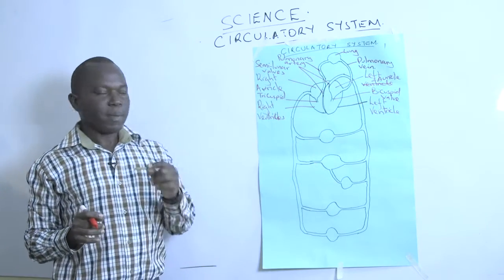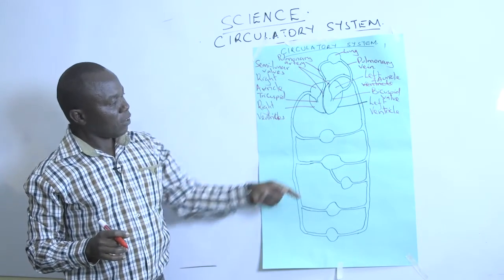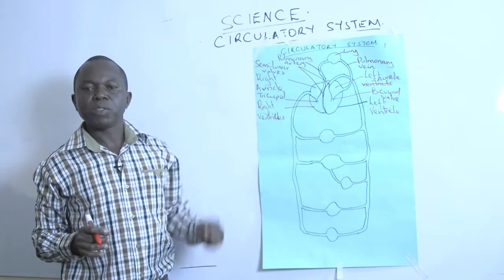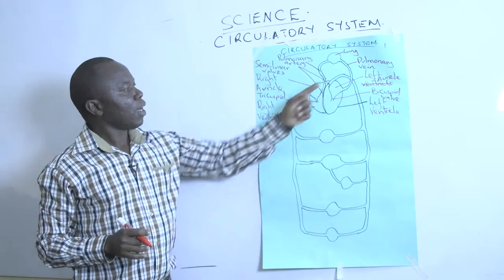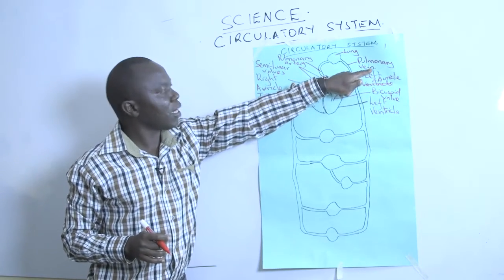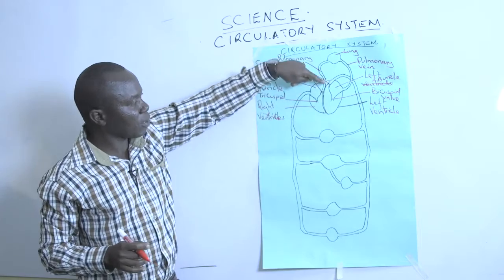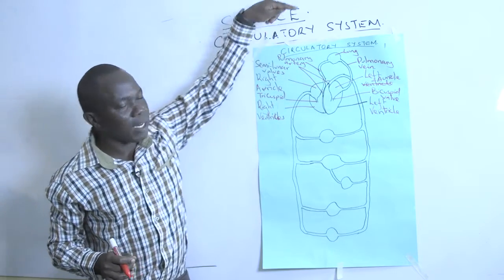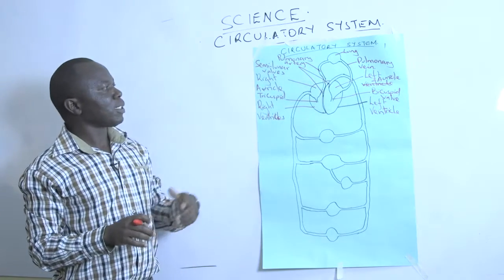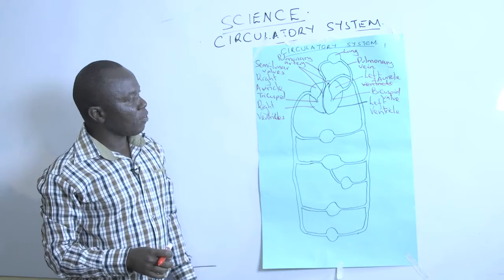Again, remember, all blood vessels that carry blood back to the heart are veins. Arteries carry blood away from the heart, but sometimes composition may vary.